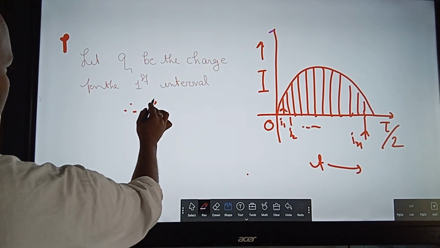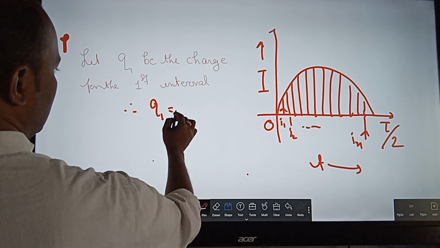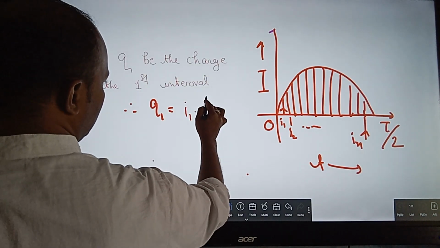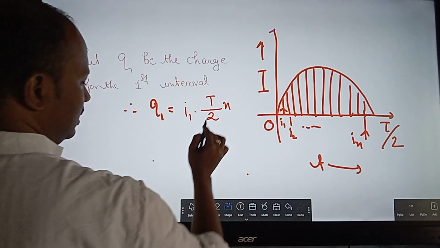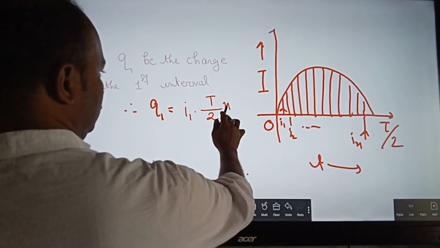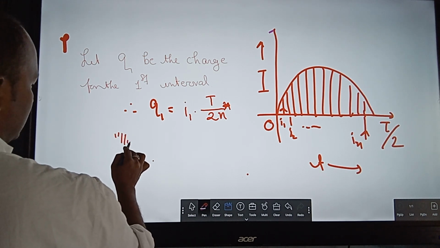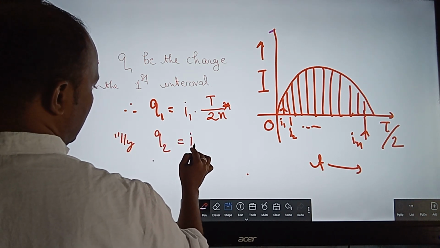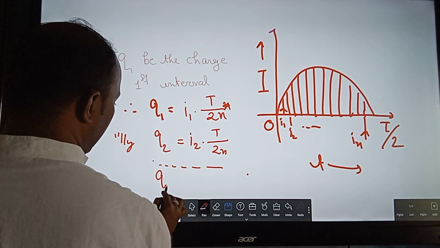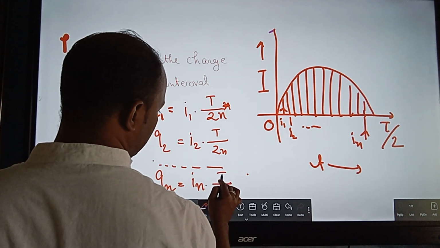Therefore, we can write Q1 is equal to I1 times the time interval, which is T/2n. Similarly, Q2 is equal to I2 times T/2n, and so on up to Qn, which is equal to In times T/2n.